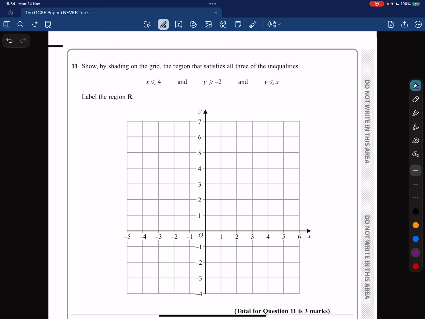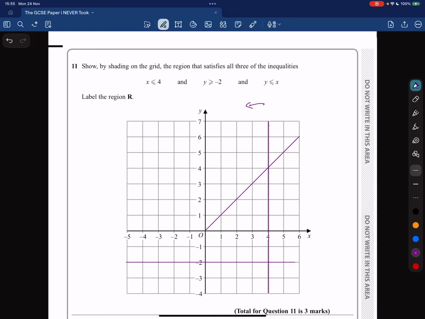X is greater than 4. So I'm going to have to draw a couple of lines here. X is less than 4 is on that side. Y is greater than or equal to minus 2, that's that one. And then y is equal to x, let me do it 2 ways.